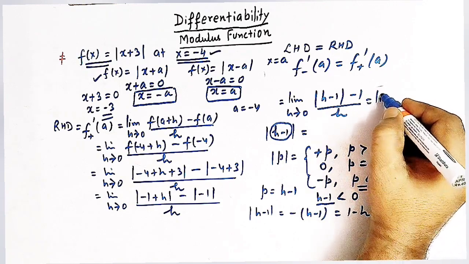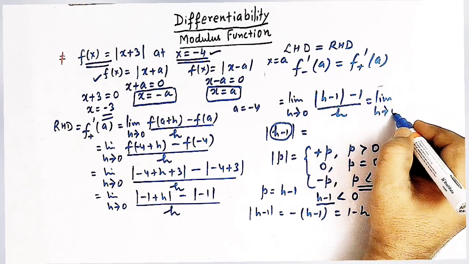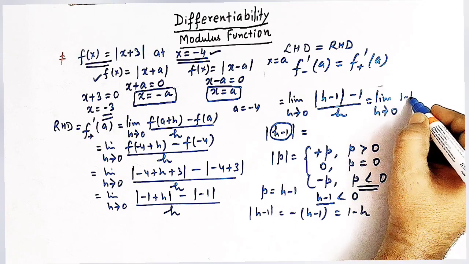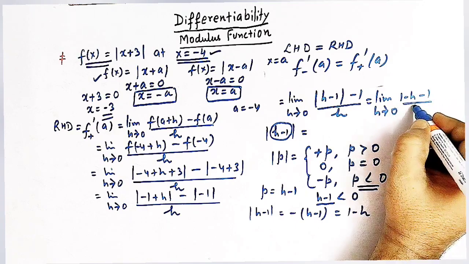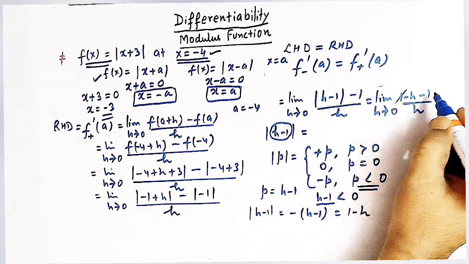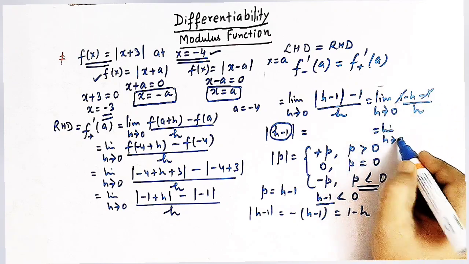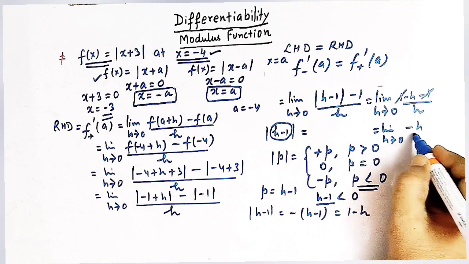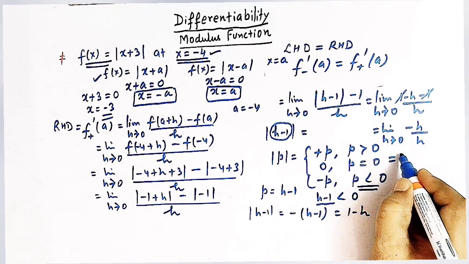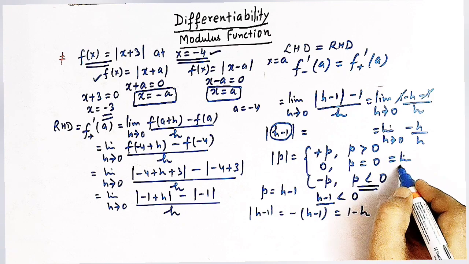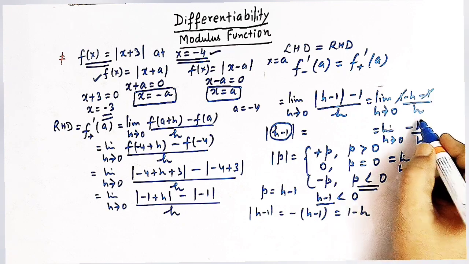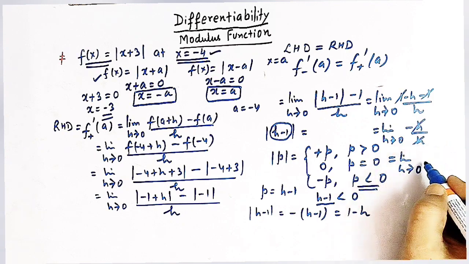So here we have limit h tends to 0, and here we have 1 minus h minus 1 over h. Now this one and this one get cancelled. We are left with limit h tends to 0 of minus h over h. So h gets cancelled.